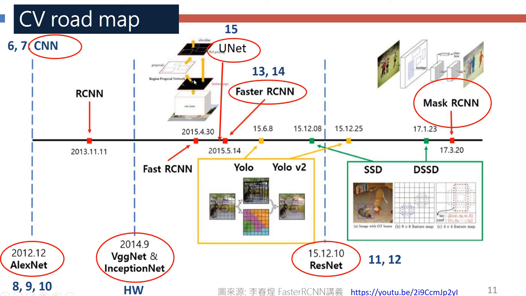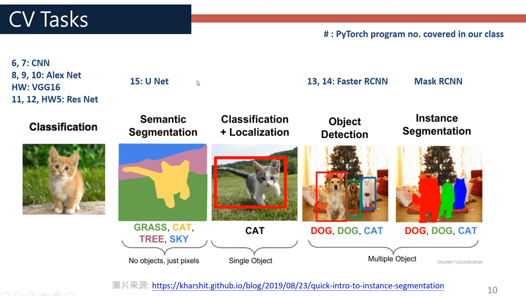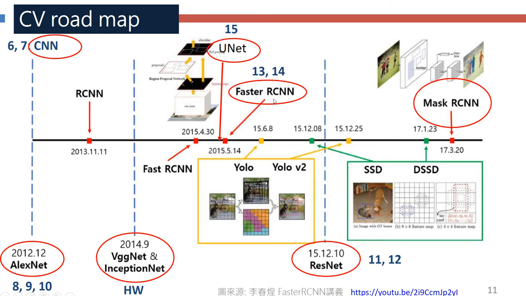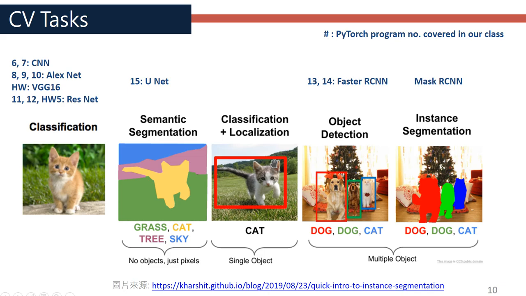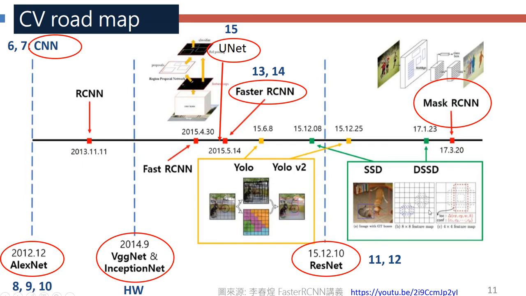And in terms of semantic segmentation, 2015 U-Net. And in terms of object detection, 2015 Faster RCNN by He Kaiming, and in 2017 the instance segmentation Mask RCNN by He Kaiming.